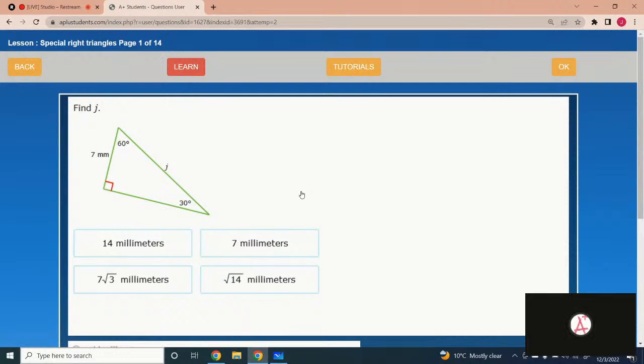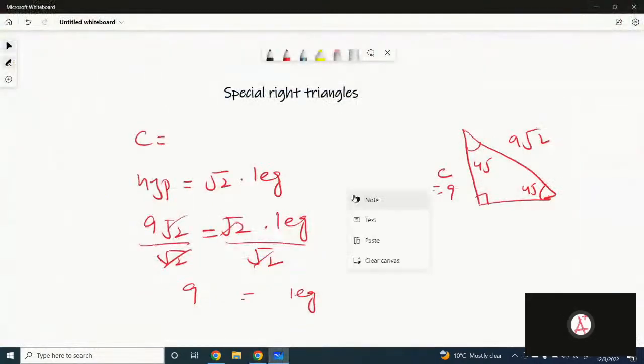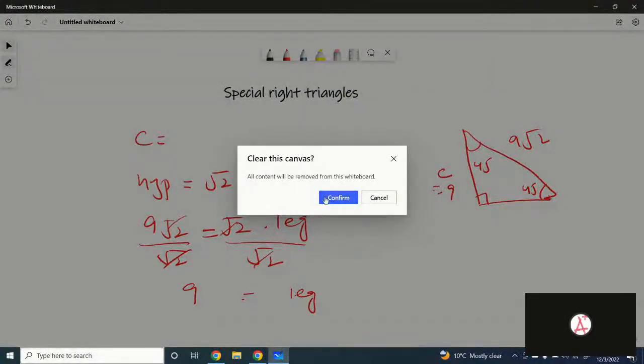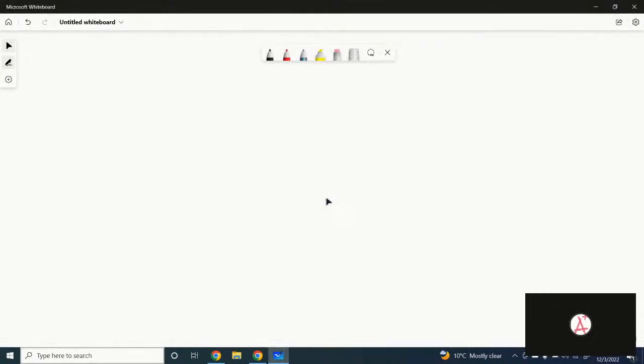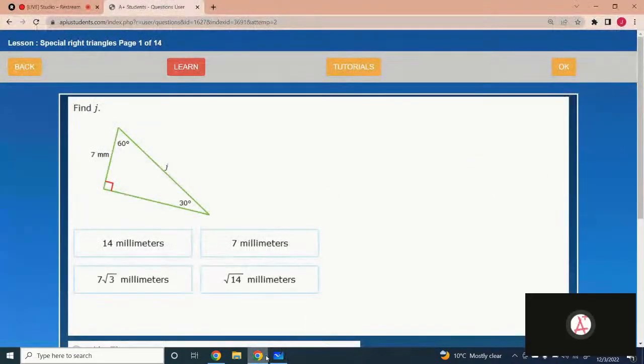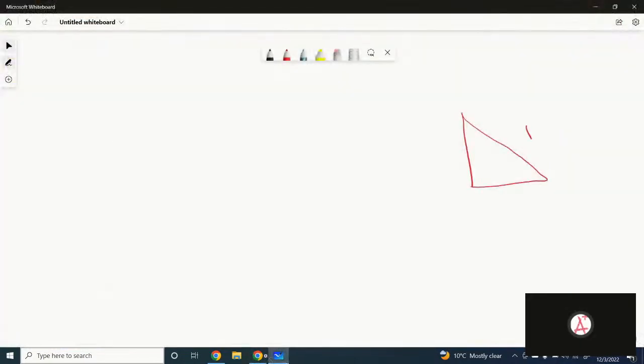Okay, so you are given the angles 30, 60, 90, and you have to find the value of J. You have to find the hypotenuse, that is 30, 60 and 90. So how do we find the value of J?